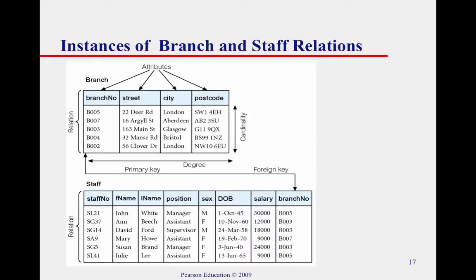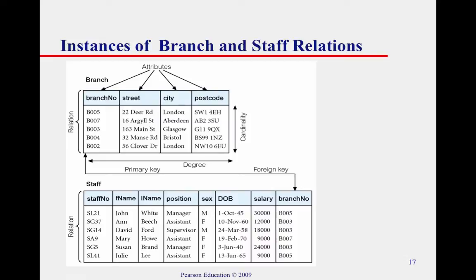Very good, because multiple people work in the same branch, and therefore that value isn't unique. If you look here, we see that John White and Julie Lee both work at branch 5, and there are 3 people that work at branch 3. So it does not uniquely identify tuples in the staff relation.